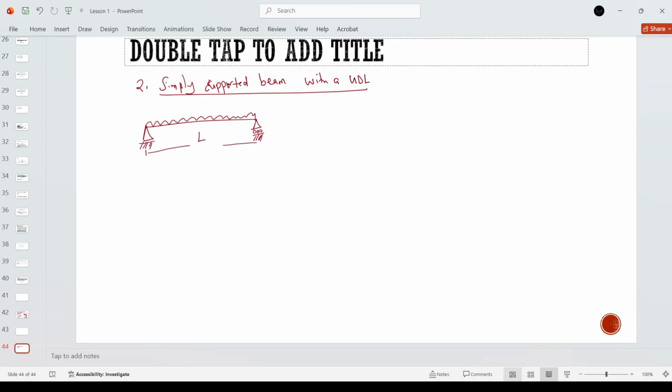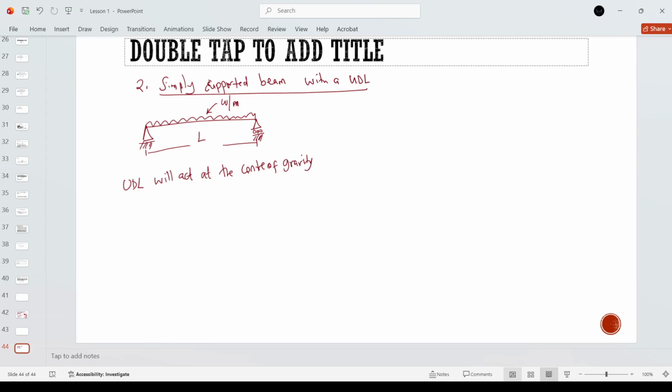So for instance, this will be given as a load per meter. And we are saying that a UDL will act at the center of gravity.